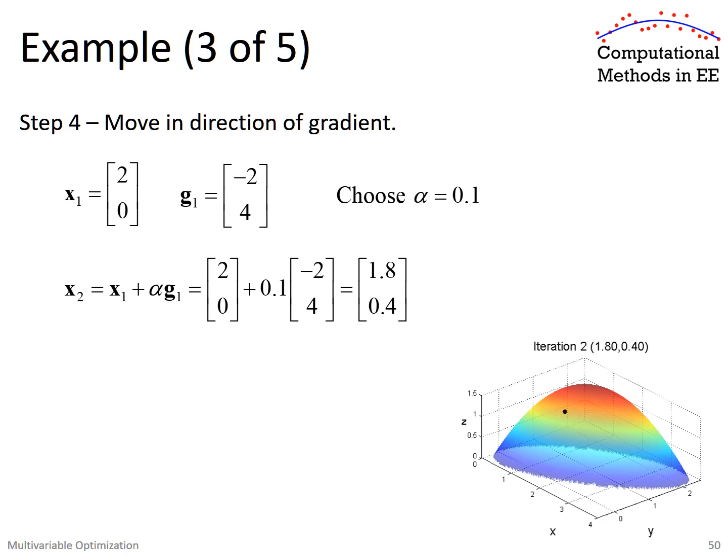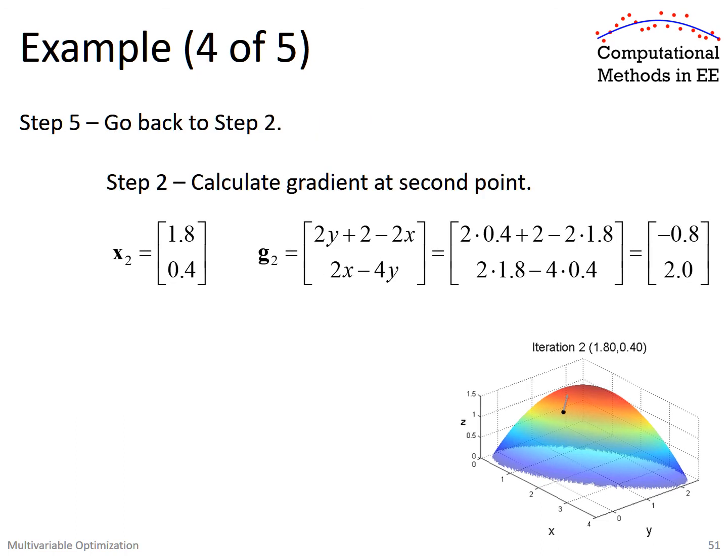So we've done what we talked about before. We make a guess, we calculate the gradient, and we move along that gradient. Okay, now we evaluate the gradient at the second point. And then guess what we'll do? We'll move in the direction of that gradient. And we keep doing this.